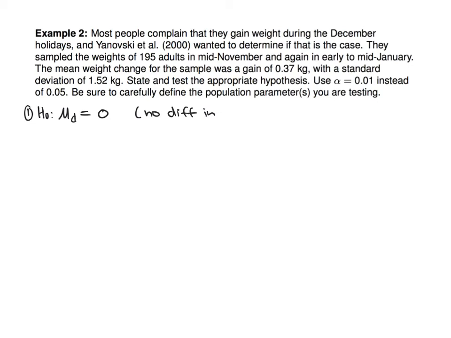Let's figure out which one's going to be higher. I'm going to say after minus before. The reason is that if there was a weight gain of 0.37, that means that the after weight was larger. So after minus before is going to be the positive quantity.